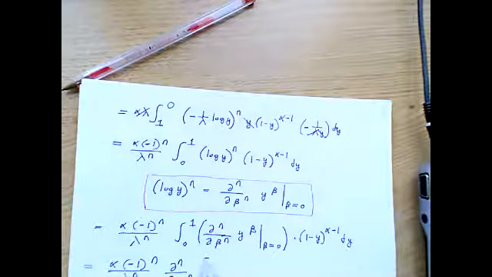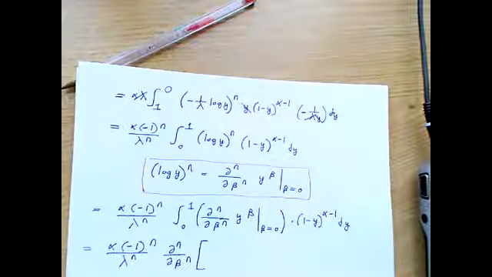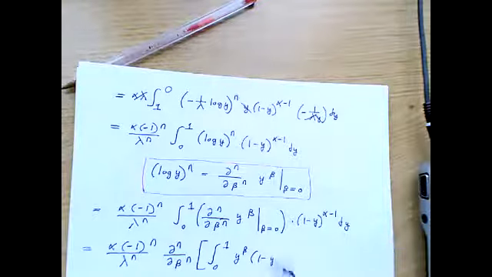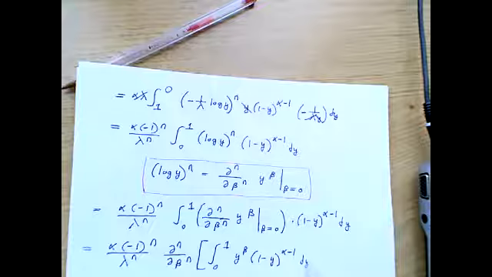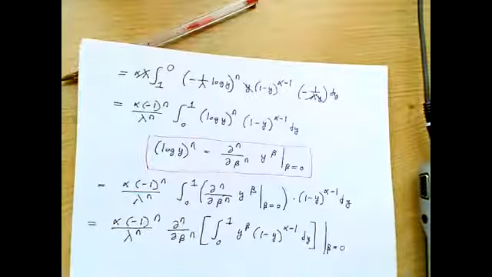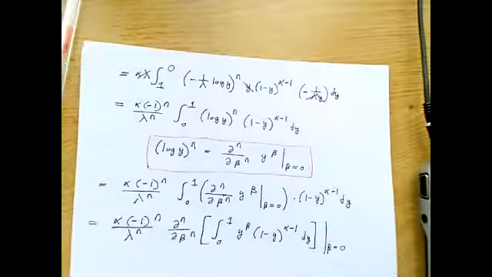You get, so the derivative operation applies to the integral from 0 to 1 of y power beta times 1 minus y power alpha minus 1 dy, and then set beta equal to 0, right?